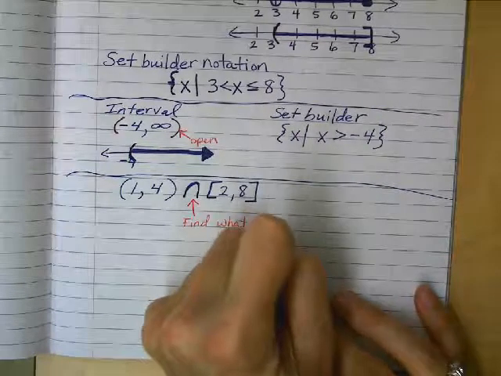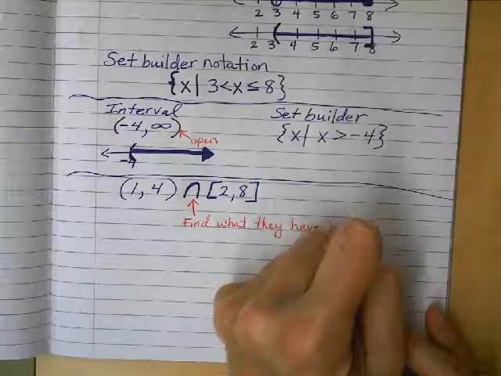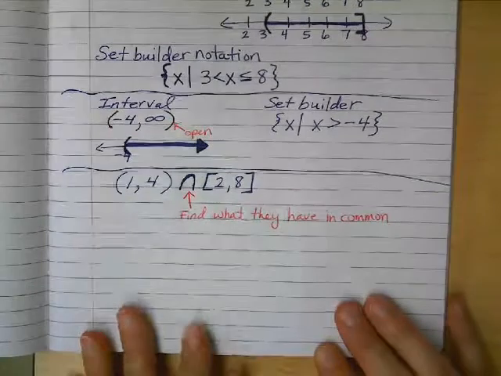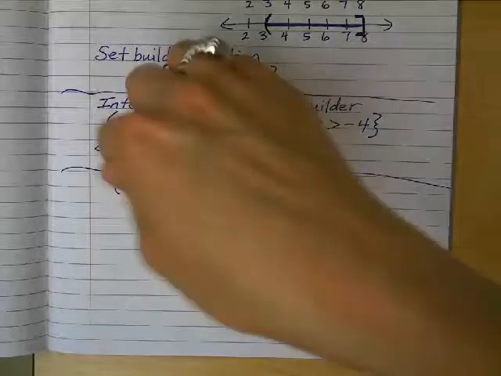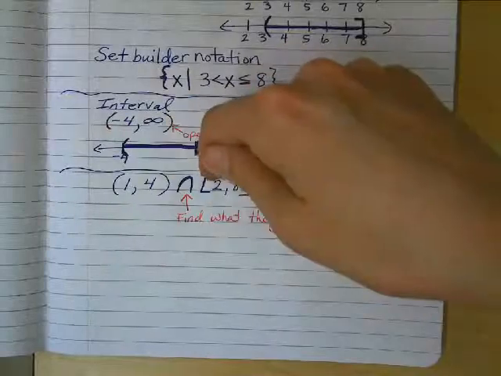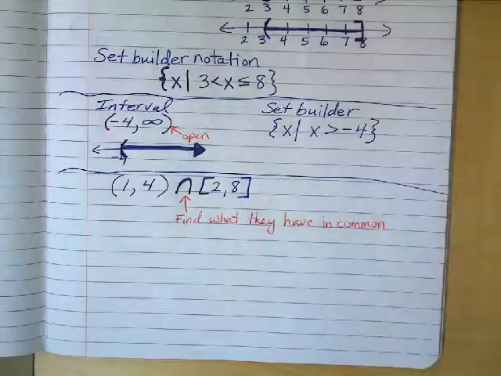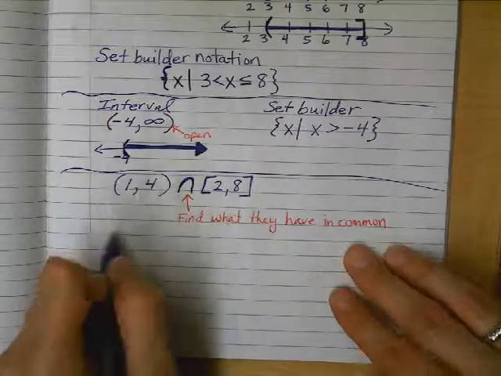I'll write that in red. What they have in common. Like where do they overlap? The intersect was where, if this was numbers 1, 2, 3, and this was 3, 4, 5, they would have 3 in common. Find what they have in common. Okay, so 1 to 4.